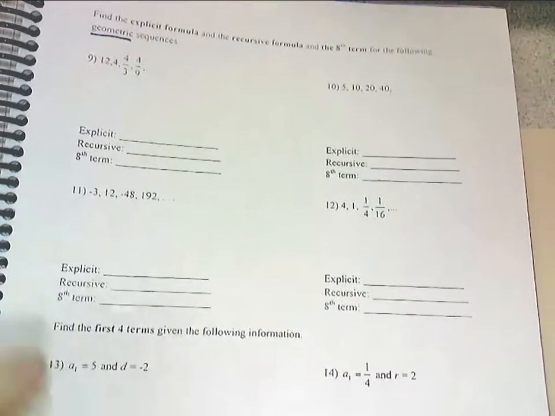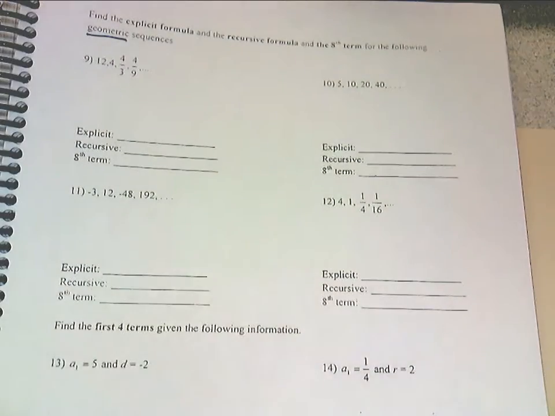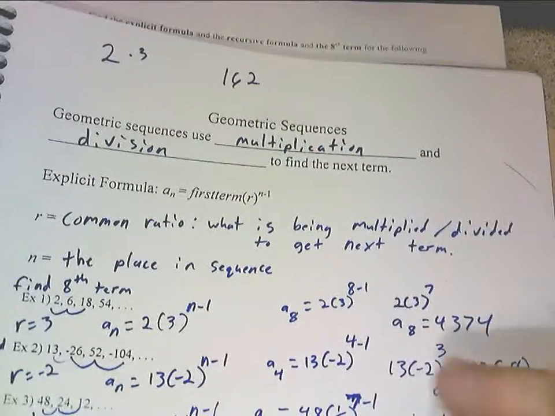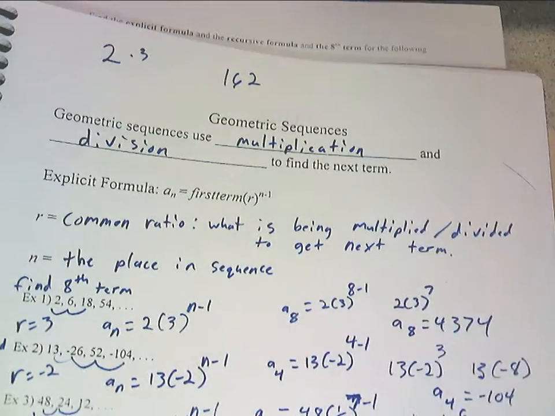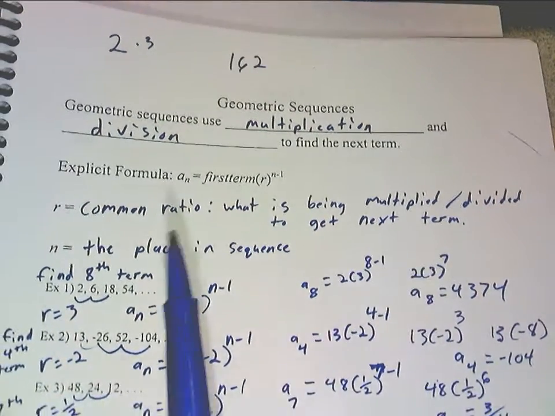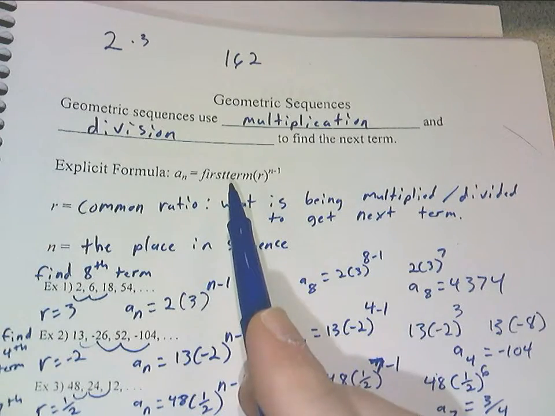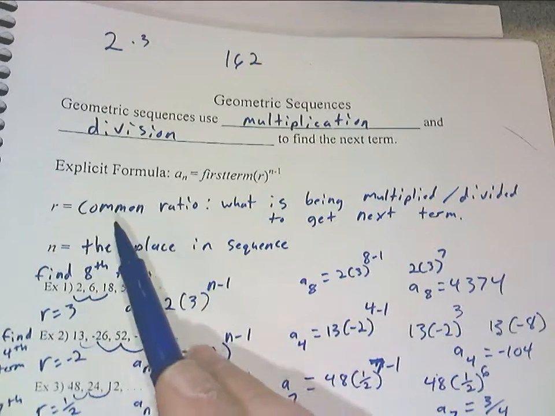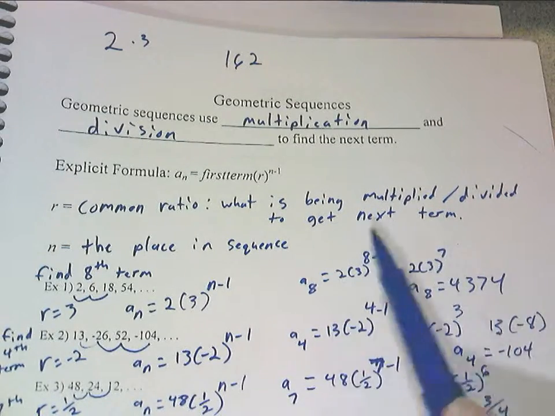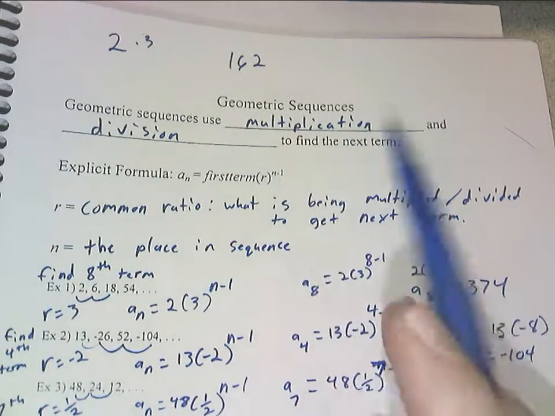So remember the notes for the geometric sequences are not on page 75, they are on page 76. And what we know about geometric sequences is they use multiplication and division to find the next term. So my explicit formula would be a sub n is equal to the first term of my sequence times my common ratio. Ratio would be the number that is being multiplied or divided to get the next term. And that's all going to be raised to the n minus 1 power.